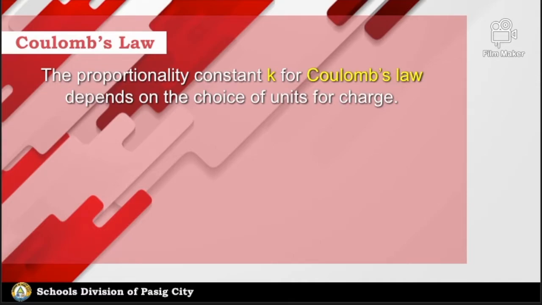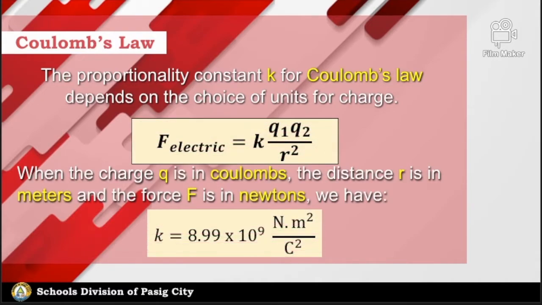Given the relationship between electric force, the value of the charge and the distance between them, we can rewrite the relationship into equation form, wherein electric force is equal to the electrostatic constant K multiplied by the product of Q1 and Q2 divided by R squared, wherein Q1 and Q2 are the amount of charge and R is the distance between them.